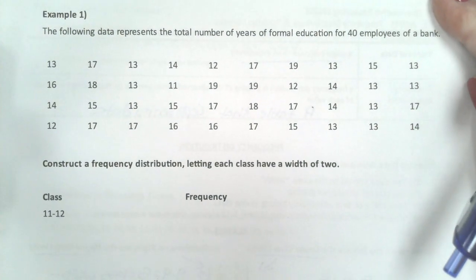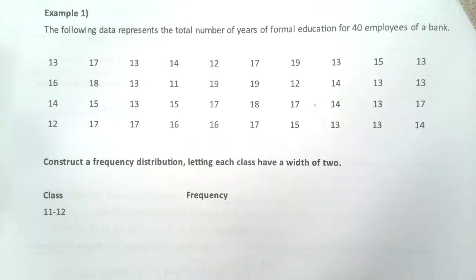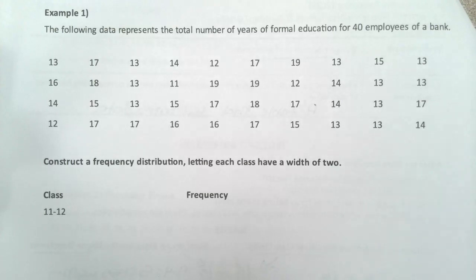All right, so I have the following data. I have 40 employees at a bank, and they each have a different level of education. We would like to create a frequency distribution to figure out what education level is the most common here.